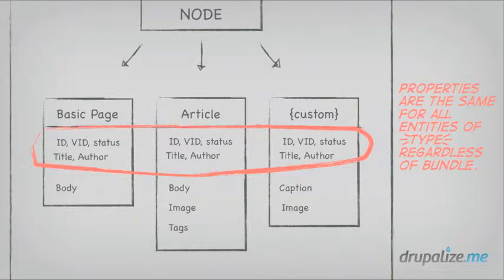Another example is the unique ID that you can use in order to identify a node. Every single entity in Drupal has a unique ID. And if they're revisionable entities, they also have a version ID. So these are things that are common across all entities, and in most cases, across all entities of a given type. So we call those properties.